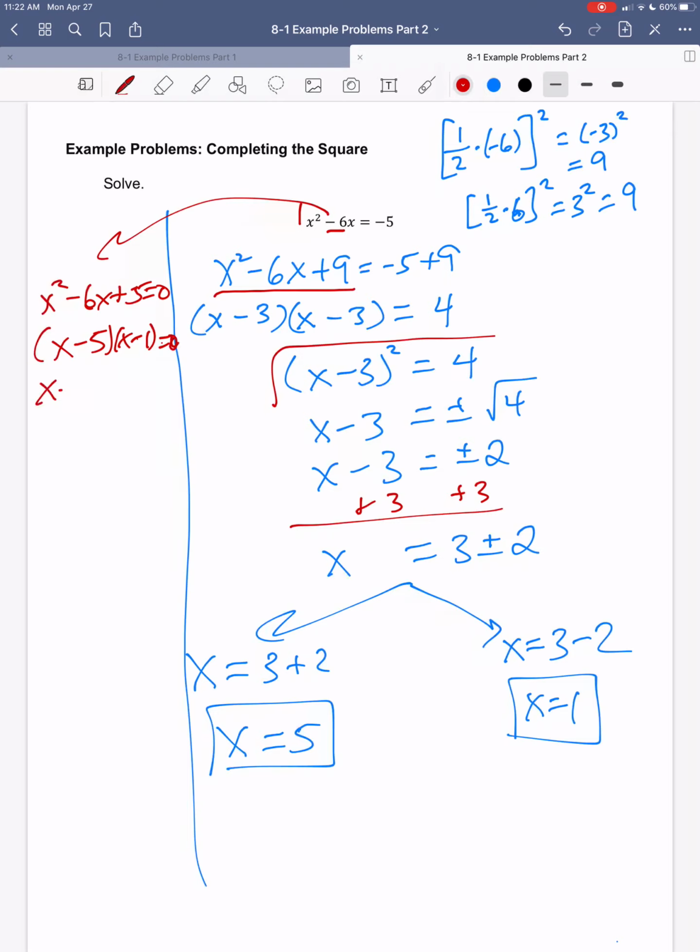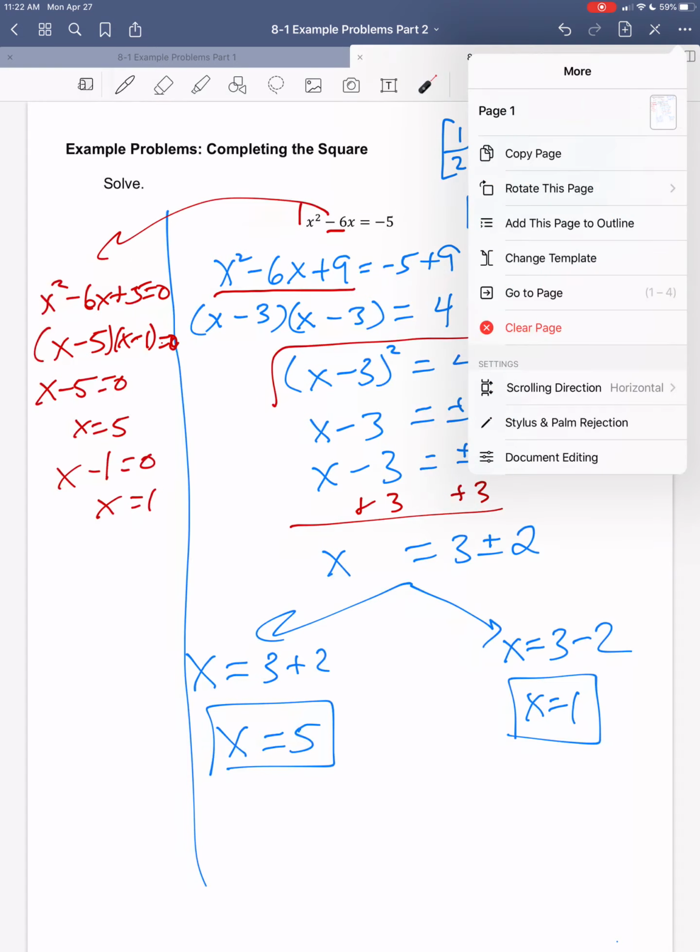So then I'd get x minus 5 equals 0, or x minus 1 equals 0. I would have had the solutions of x equals 5 and x equals 1, the same solutions I got here. So if you get nice solutions, that meant factoring would have worked, but maybe we didn't realize that at the beginning of this problem.